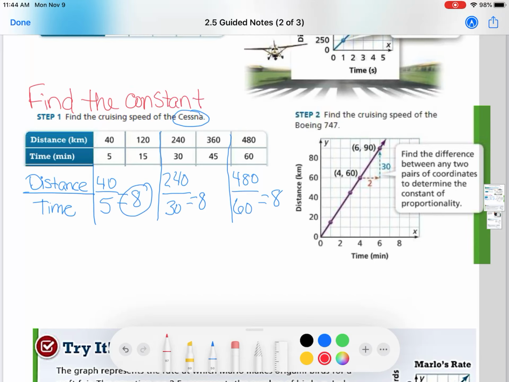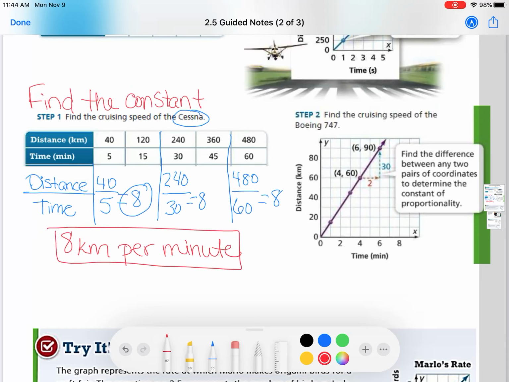What we just discovered is that every 8 kilometers, since the distance is kilometers, is how far it travels every minute. So 8 kilometers per minute. That's called the constant. Now again, that's not our answer. We are trying to figure out which one has a greater cruising speed. We've only looked at one, so there's nothing to compare it to.